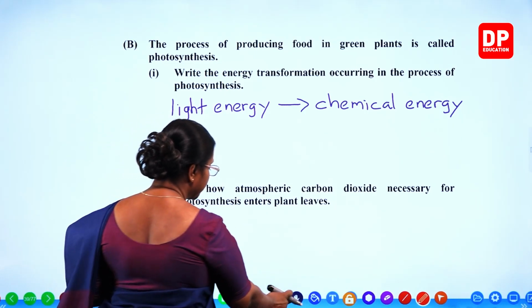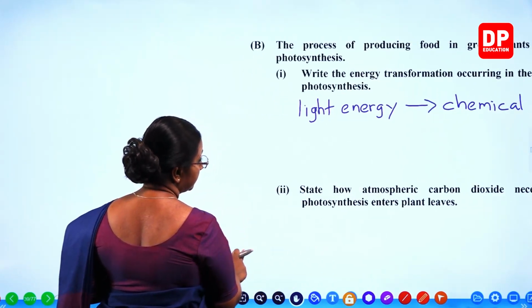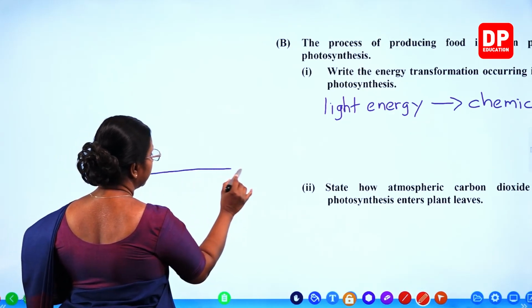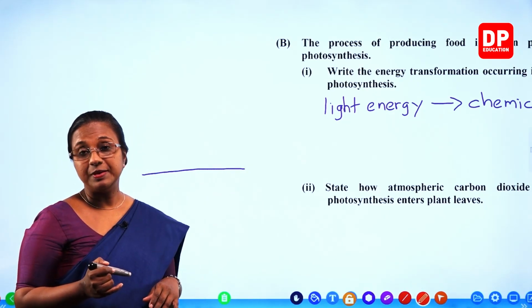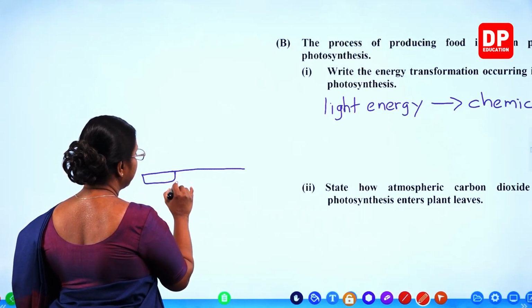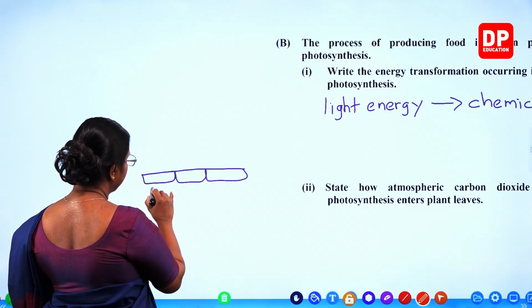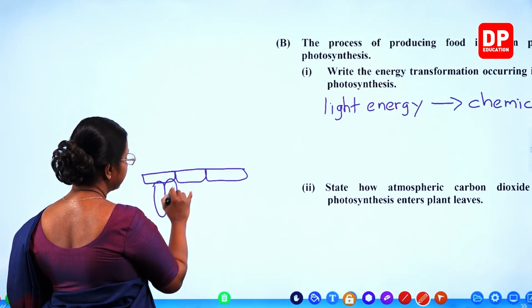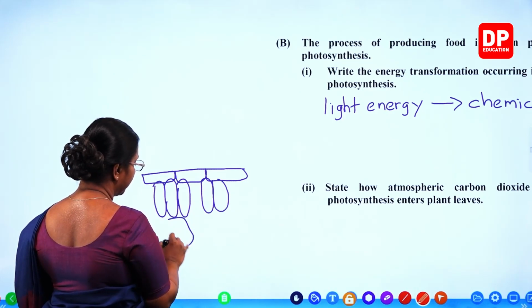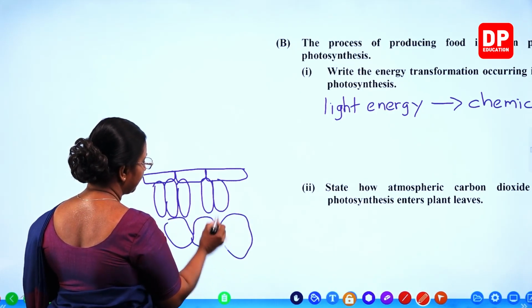Now you can remember, students, if you take the structure of a plant leaf, you have the epidermis around that. Above that you have the cuticle, then you have the epidermis cells there, then you have the mesophyll cells, the parenchyma, palisade parenchyma and the spongy parenchyma, like that.